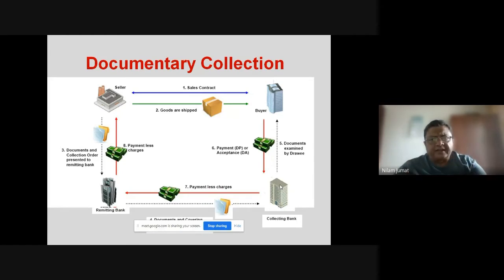Just think of the status of a collection on a sight basis. On a sight basis, there is no chance; the importer has to pay the money first, and only then can he get the goods, because he has to get the documents from the bank and go to the port. That's okay. What is avalization? The exporter is giving credit, and the BL is given, the importer has gone and cleared the goods.